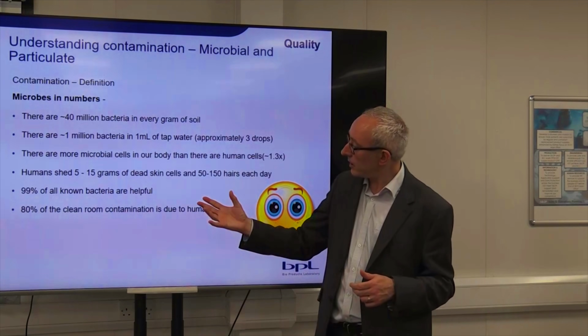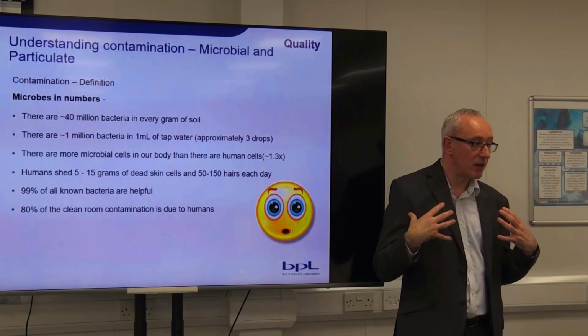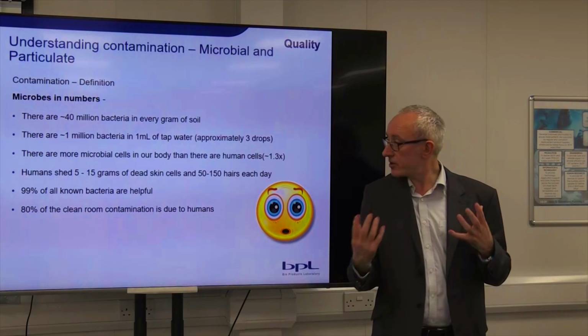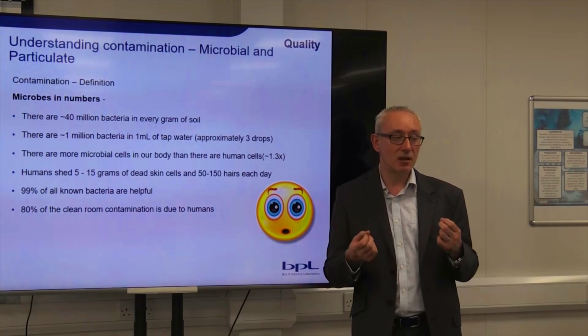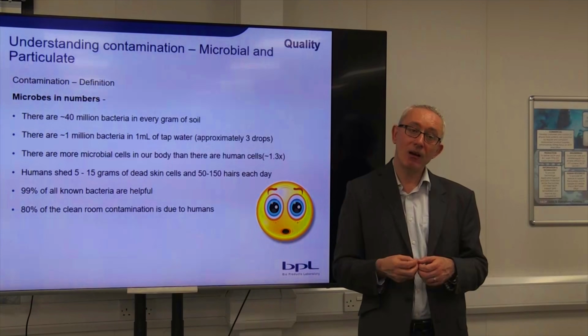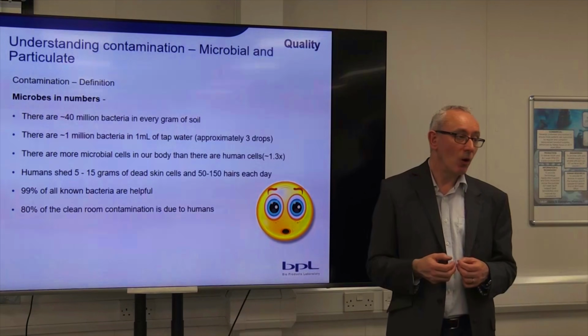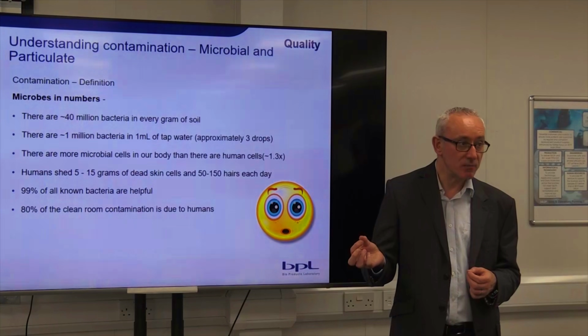We also carry huge amounts of microorganisms on the outer layers of our skin, and we're constantly shedding dead skin cells and hairs every day. And it's estimated that about 10% of the shed skin cells are carrying microorganisms on them.